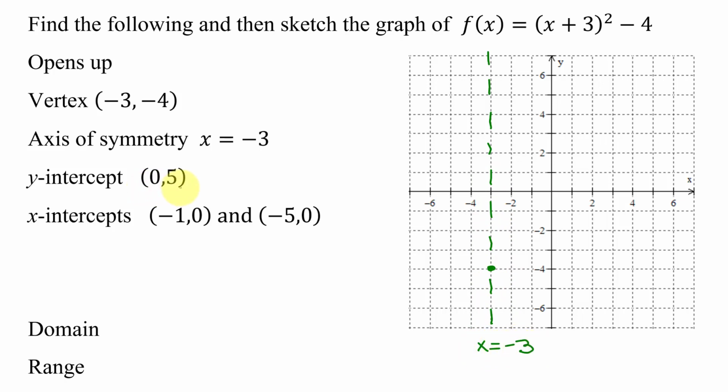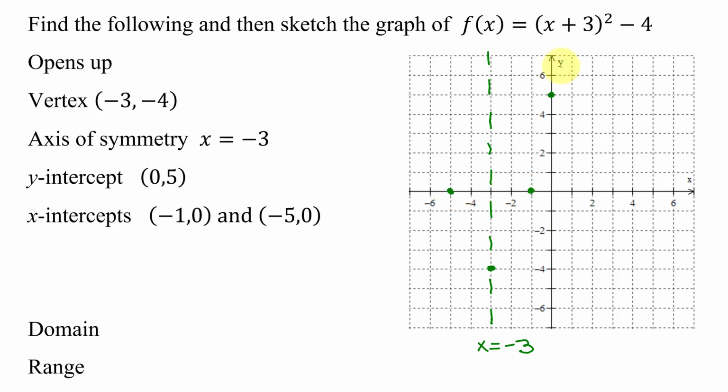The y-intercept was (0, 5), so start at the origin, go nowhere in the x direction, up 5 in the y direction. X-intercepts are (-1, 0), so (-1, 0) is here, and (-5, 0) is right here.